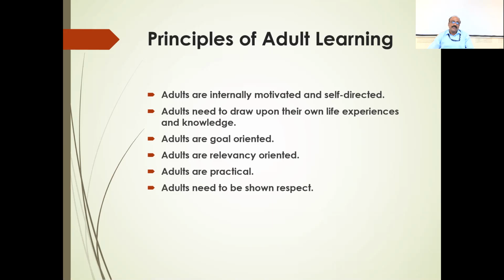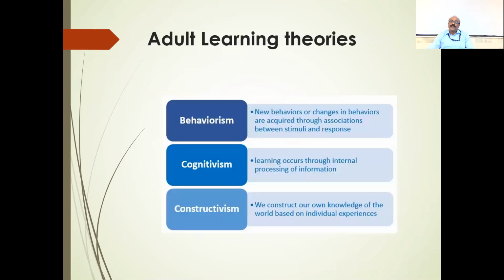So the next, let's move on to the theories that help us to understand these principles, or the theories that promote adult learning. There are various theories. Adult learning theories are related to several educational, social, philosophical, and psychological bases or foundations.